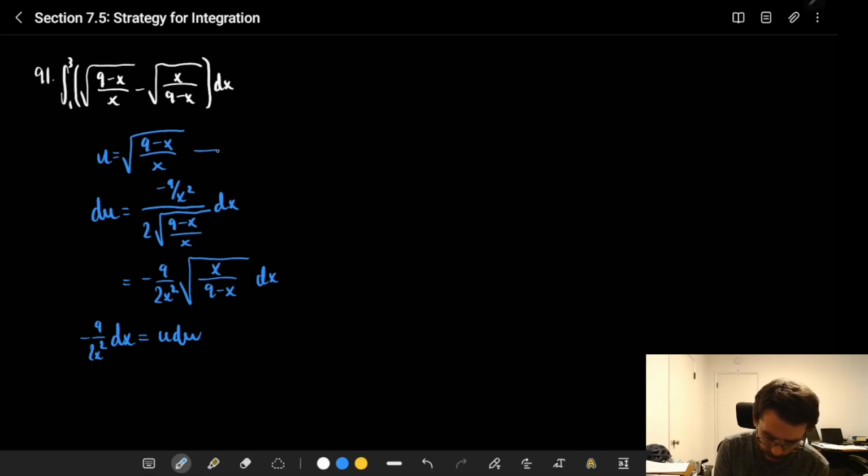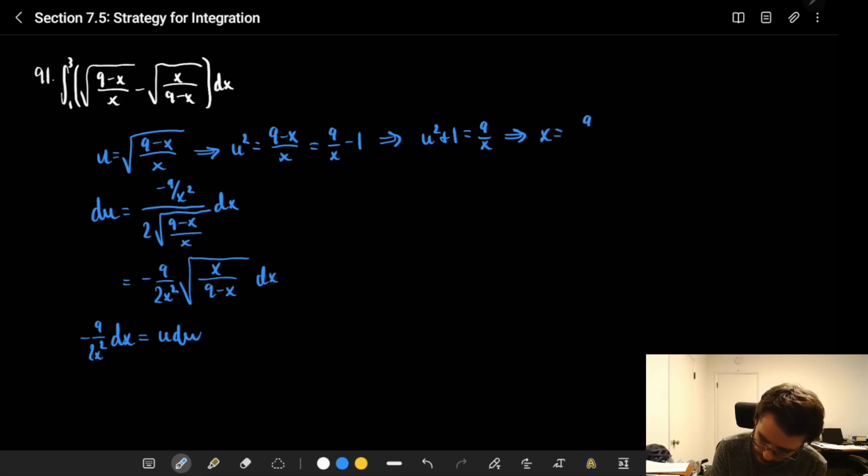I don't have high hopes for fiddling with this, but u squared equals 9 minus x over x, equals 9 over x minus 1. Add the 1. It's 9 over x. Move some pieces around. x equals 9 over u squared plus 1. You can solve for x.